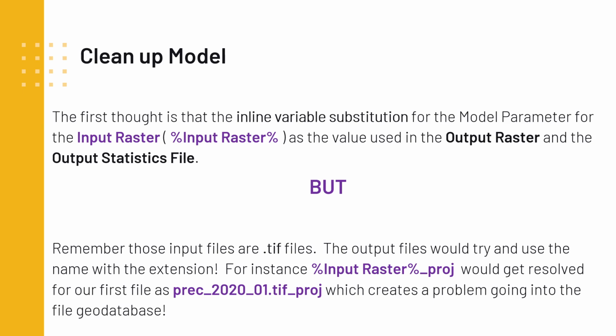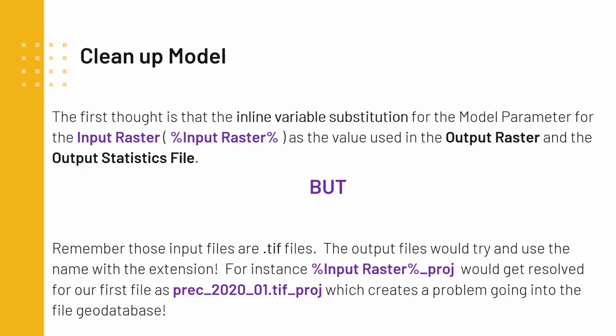But the problem is the inputs are actually .tiff files. This is going to create a problem because we don't want our name to have the .tiff extension with it. For instance, our percent input raster percent underscore proj could potentially get resolved in our first example to prec_2020_01.tiff_proj, which is going to create a problem when we're putting it inside of our geodatabase.